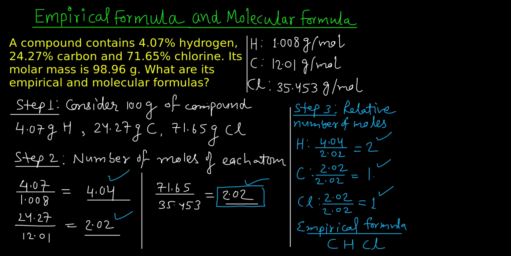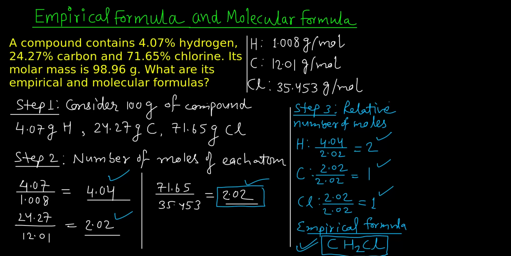Hydrogen is 2 atoms, carbon is 1 atom, and chlorine is 1 atom. So C is 1, H is 2, chlorine is 1. We don't write the number 1. So this is the simple ratio of each element found in the compound. So CH2Cl is the empirical formula. The first part of our question is done.